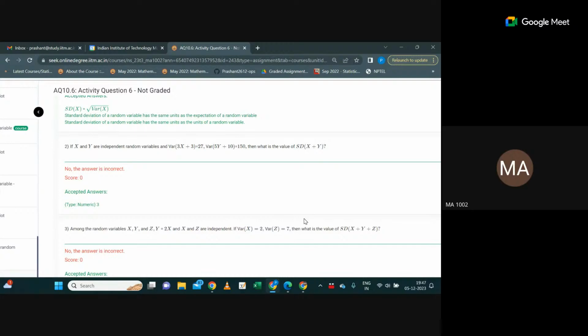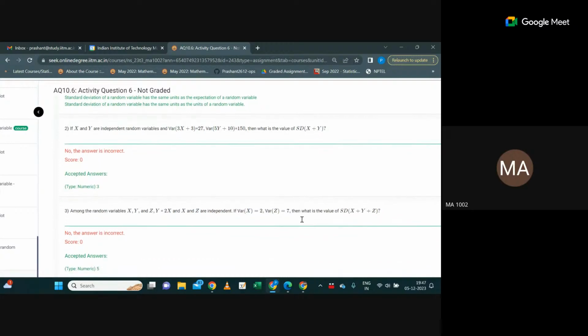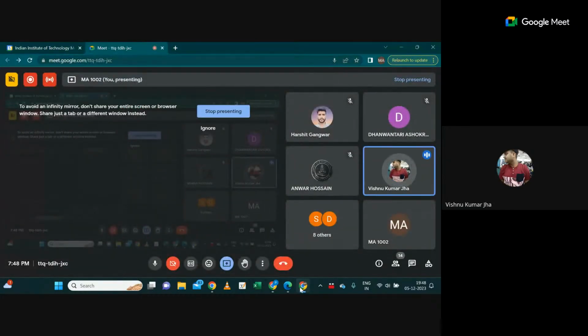Okay. The answer is 5, I think, root 25 should be there. Maybe. No problem, we'll see. I don't know whether the answer should be 5. Anybody else who is getting the answer, or should I solve it? Sir, solve this. I'm getting a wrong answer.